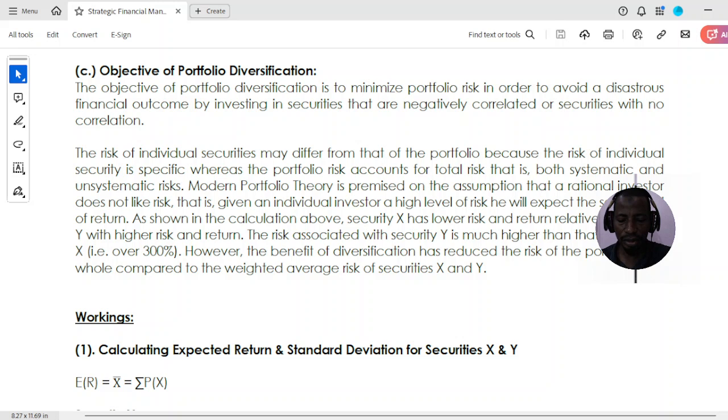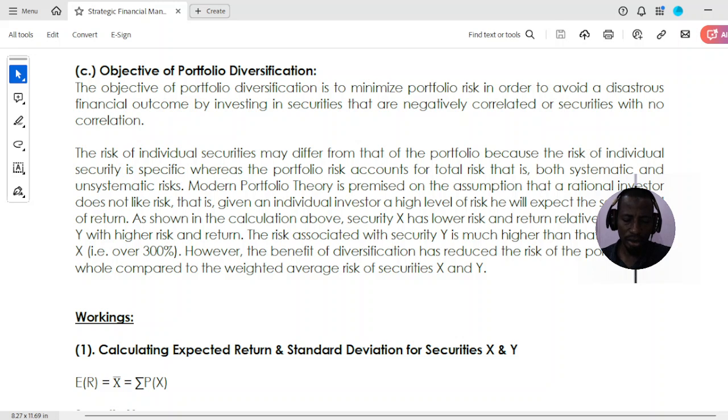The modern portfolio theory is premised on the assumption that a rational investor does not like risk. That is, given a high level of risk, he will expect a high level of return. As shown in the calculation above, security X has a lower risk of 3.87 relative to security Y with a higher risk of 12.65 or thereabouts.